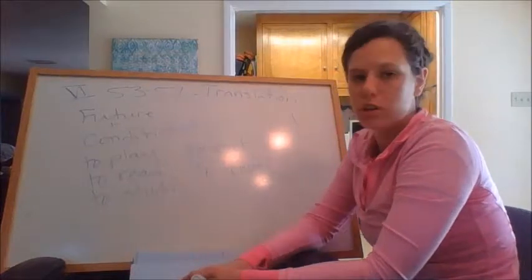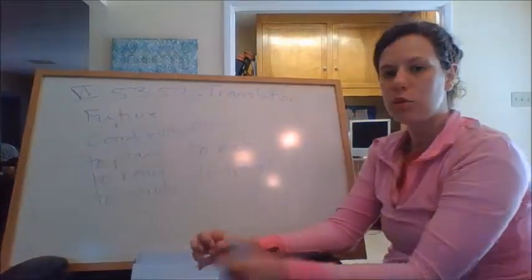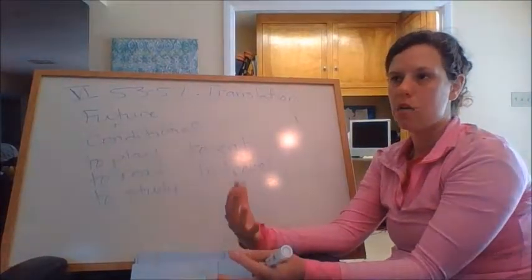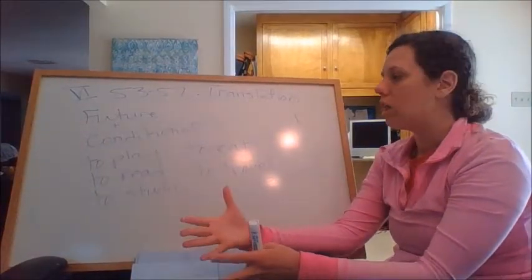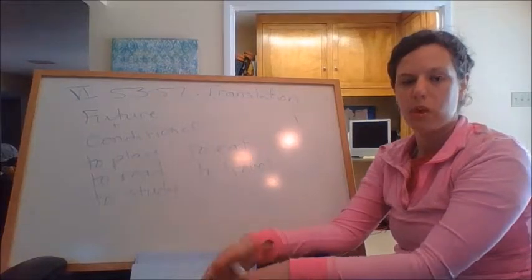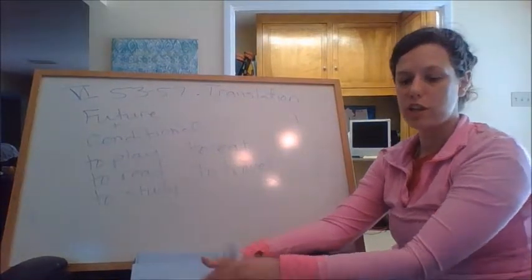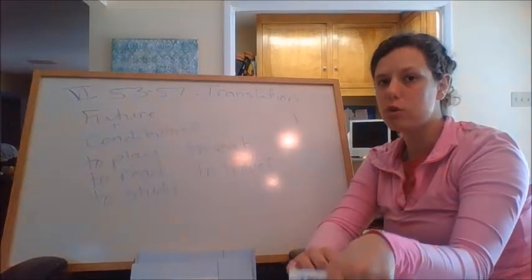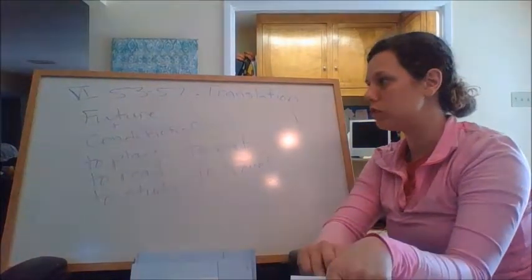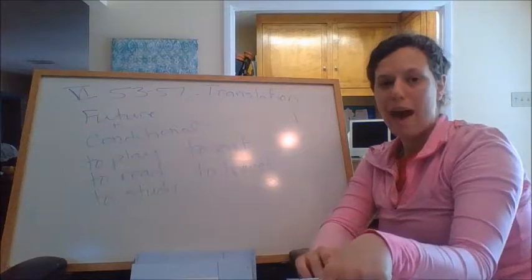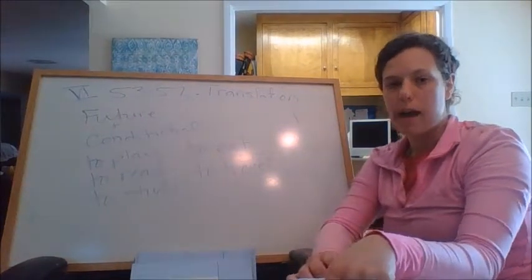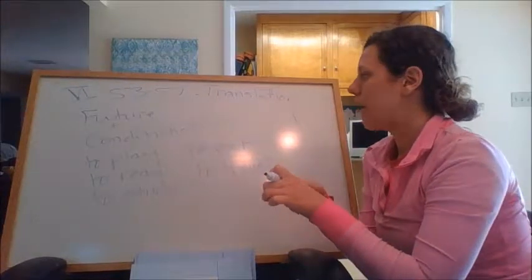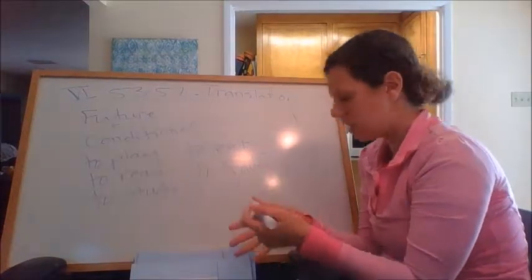So future tense, remember, when we're talking about the actual future tense, not the near future. Near future is somehow not that far away. We use ir a plus infinitive. When we're talking about the future tense, which is what is on this exam, it's represented by will. That indicates the future tense.